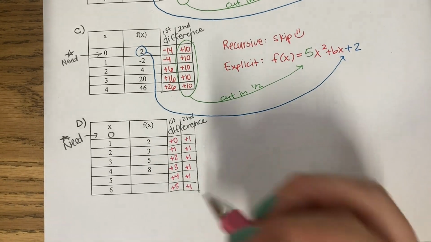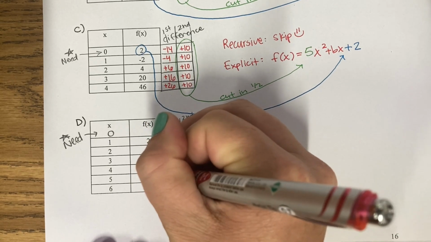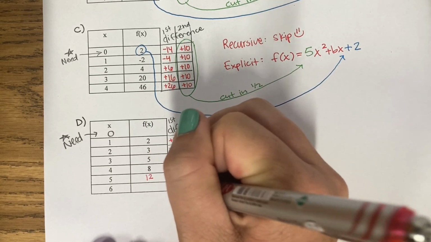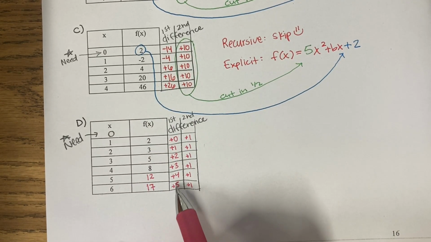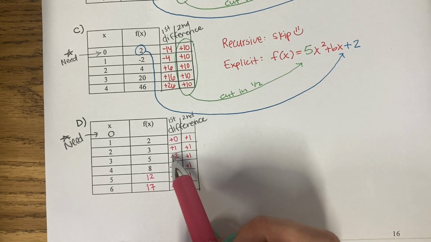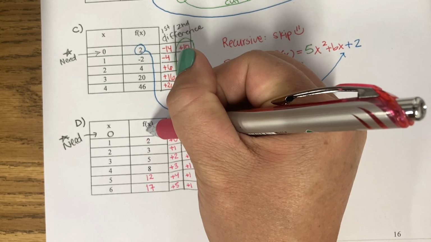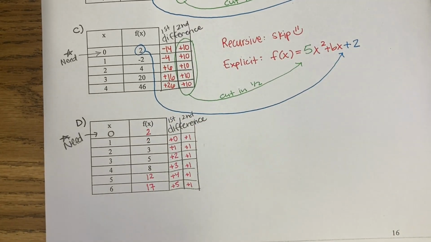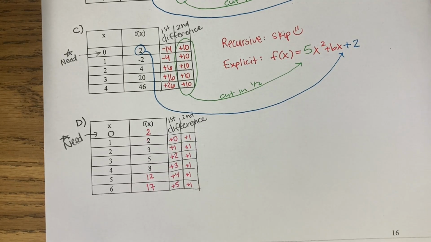That's not bad. 8 plus 4, 8, 9, 10, 11, 12. 12 plus 5, 17. If I go backwards, minus 5, minus 4, minus 3, minus 2, minus 1, minus 0. That would just be a 2 again. 2 plus 0 is a 2. All right, we have everything filled in.